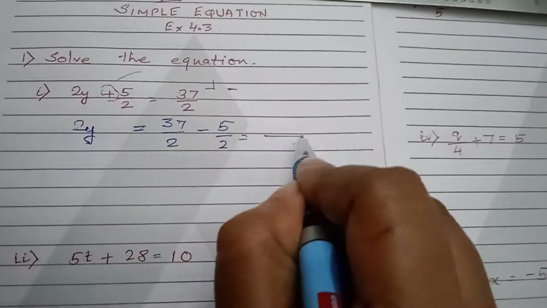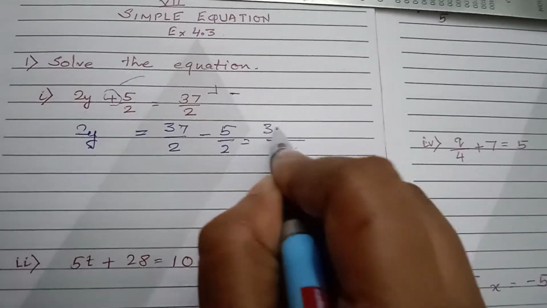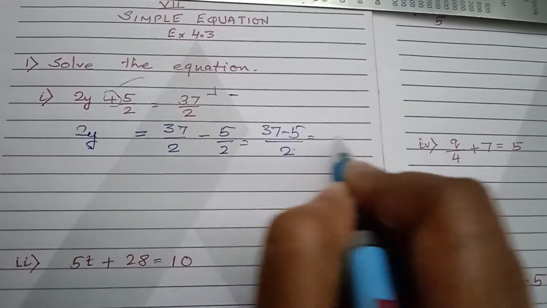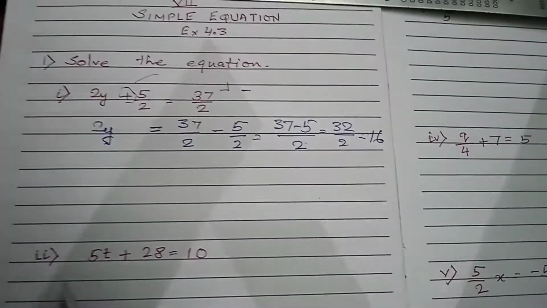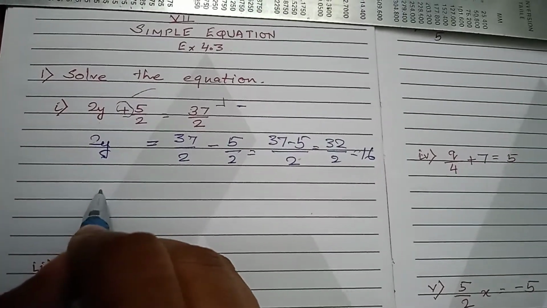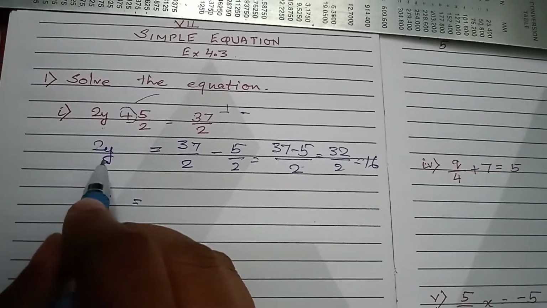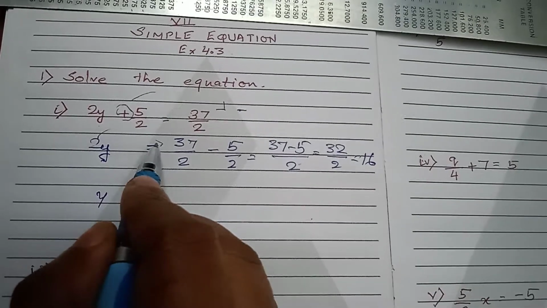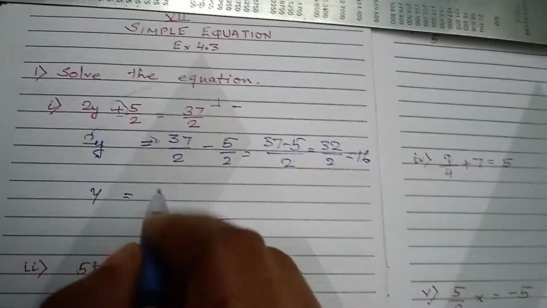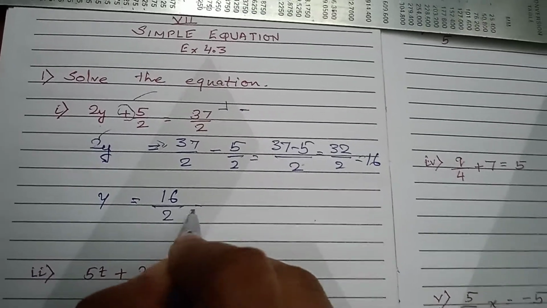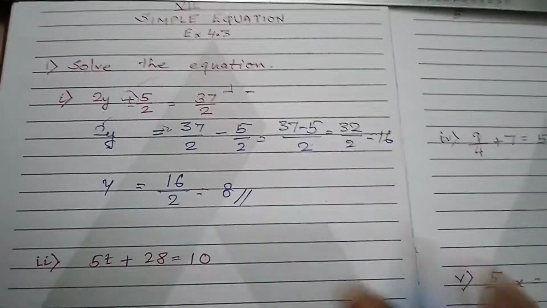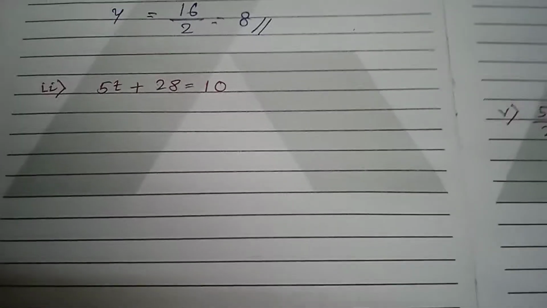Taking LCM as 2, 37 minus 5 is 32 by 2, which is 16. Now 2y, I will keep y, and I am going to bring 2 on the other side of equal to. So this multiplication will become division. 16 divided by 2 is equal to 8. That's the solution. Next one.